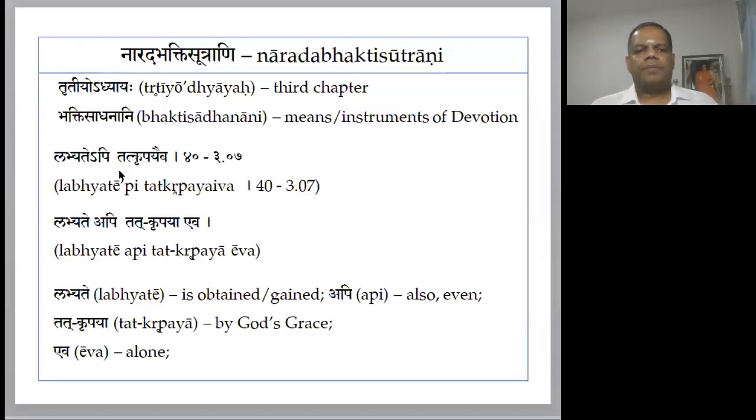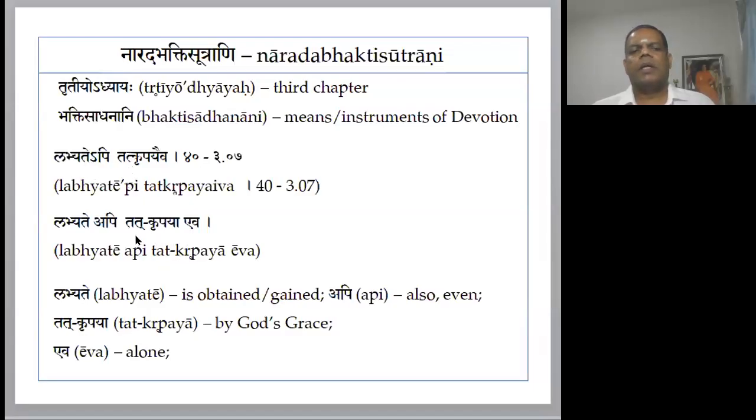In the next word, tat kripayaiva, there are three distinct words. The first two words actually form a samasa. Though they are distinct words, they are not individual words. Tat kripaya and eva. Tat kripaya, there is no change, it's just the way it's written.